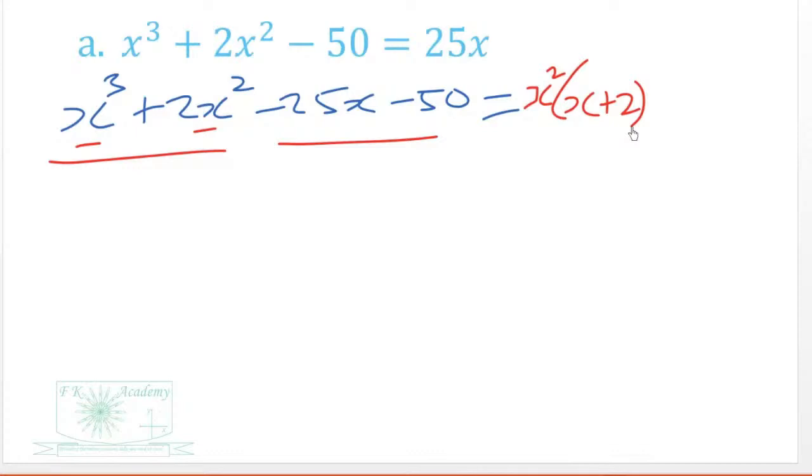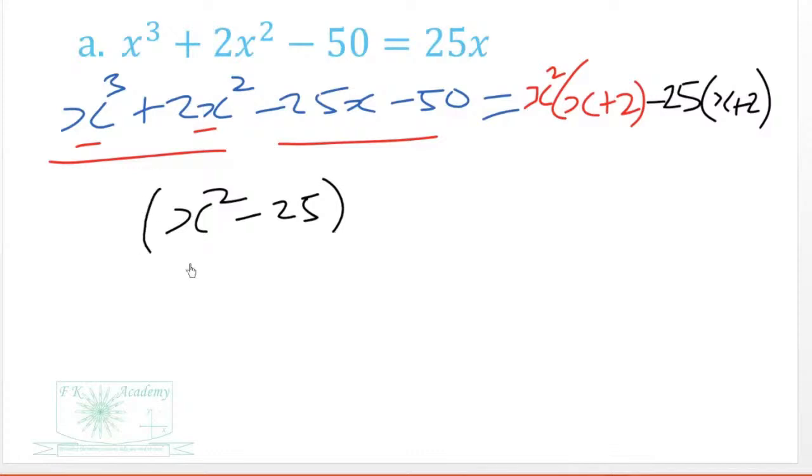Then we have -25, then we have x plus 2. So we can factor further to obtain x squared minus 25 into bracket x plus 2.